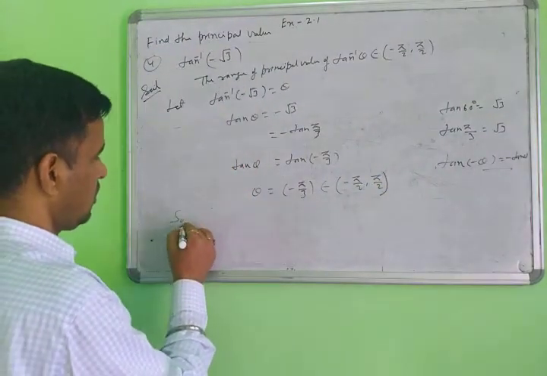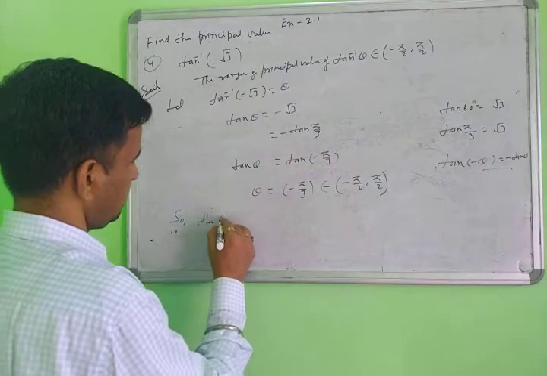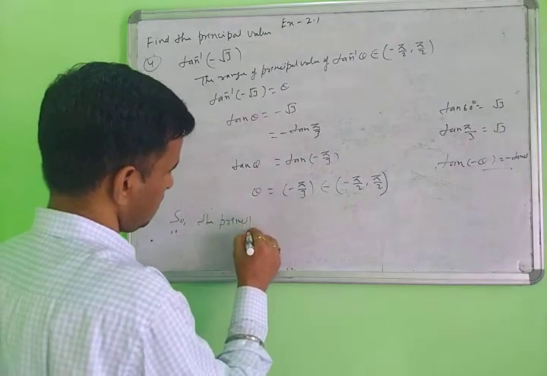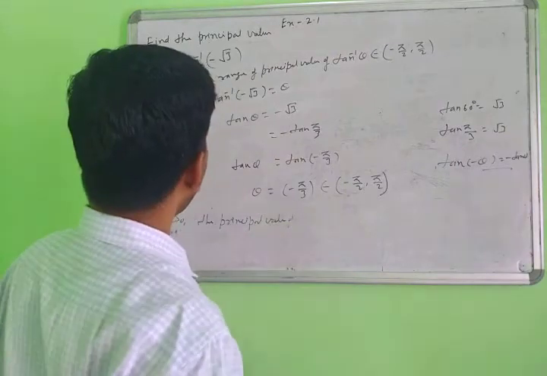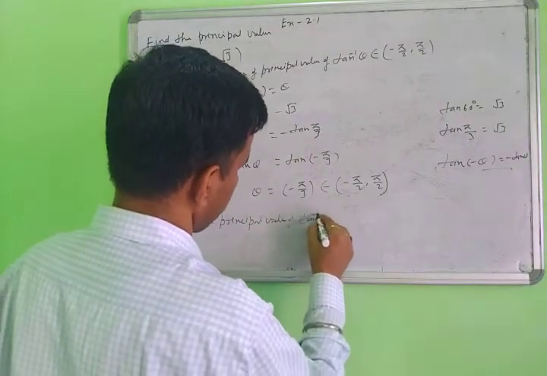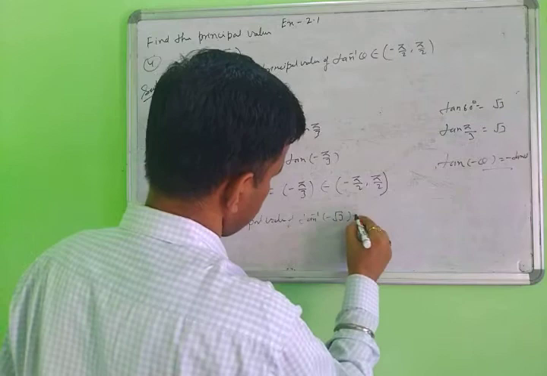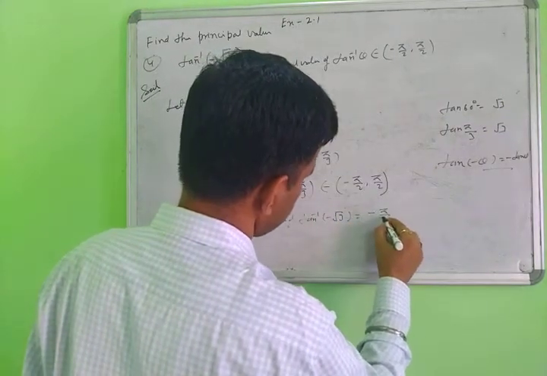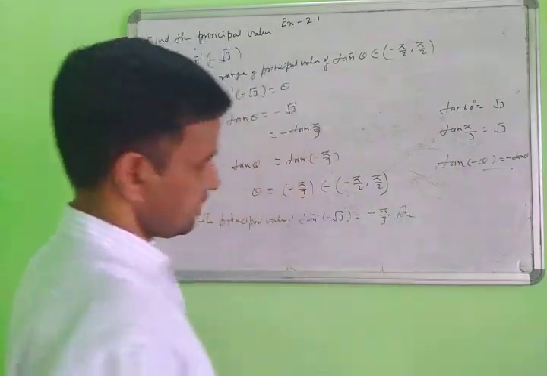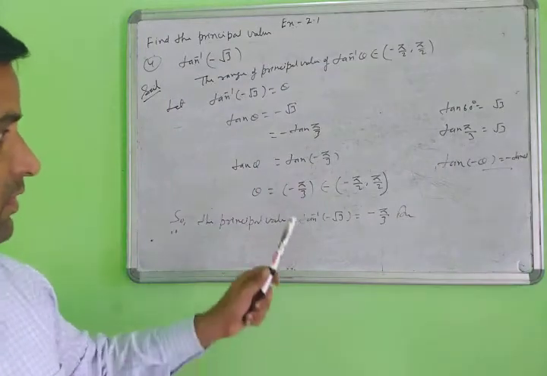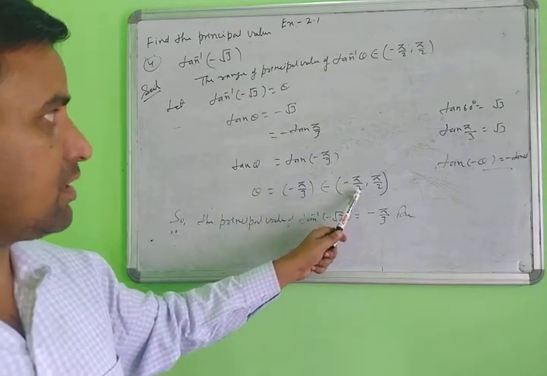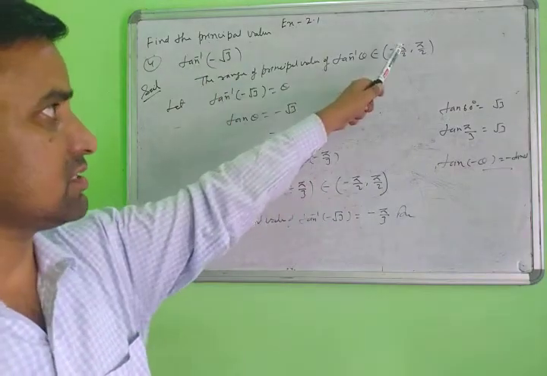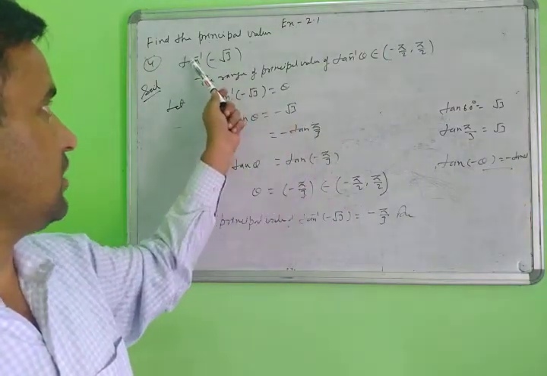So the principal value of tan inverse minus root 3 equal to minus pi by 3. Very simple. It means your answer must always belong to the principal range of the given inverse trigonometrical function.